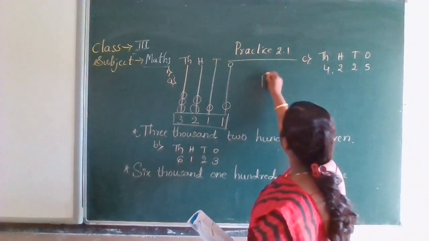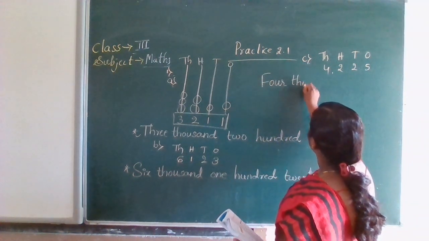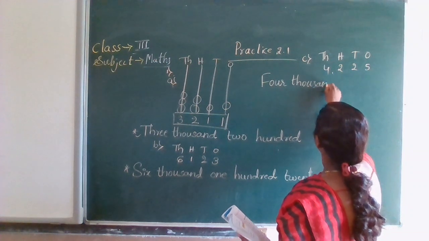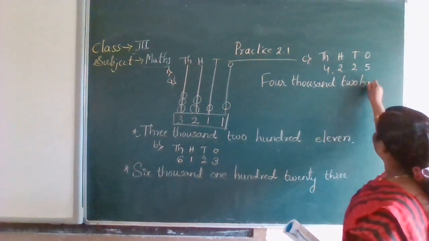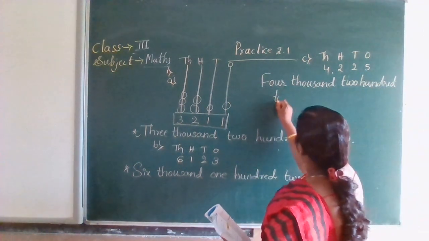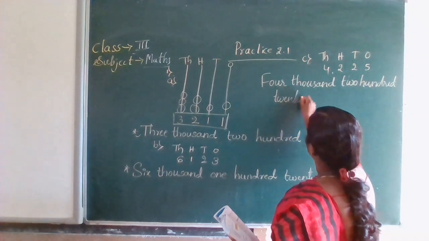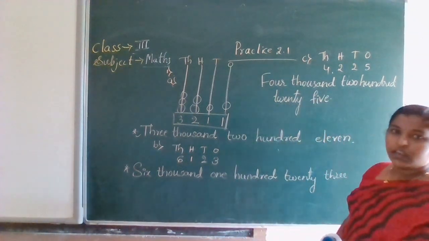Number name is Four thousand two hundred twenty-five. Okay. Next D.